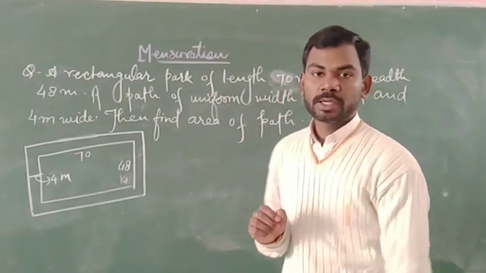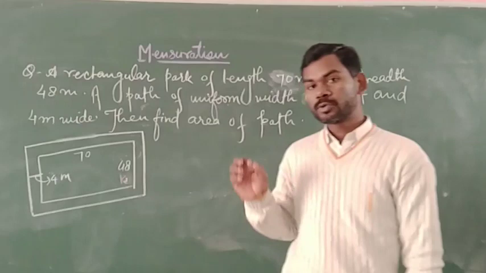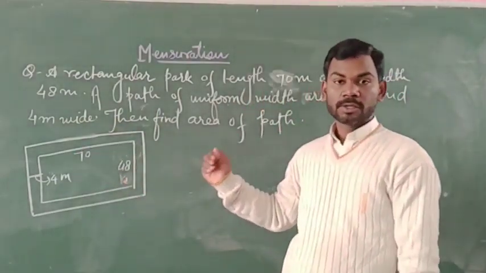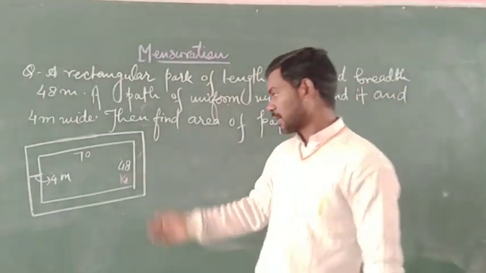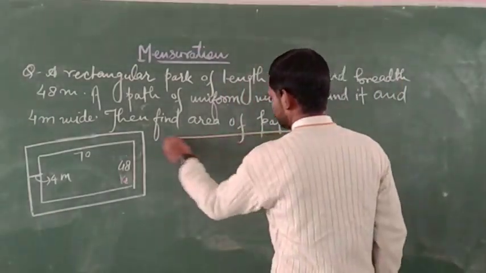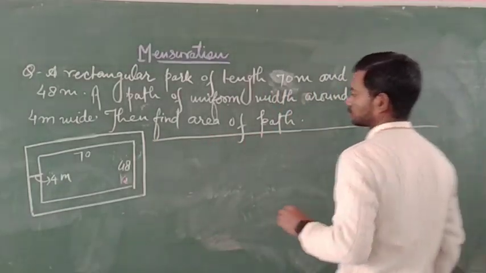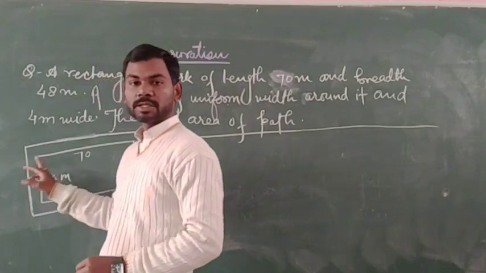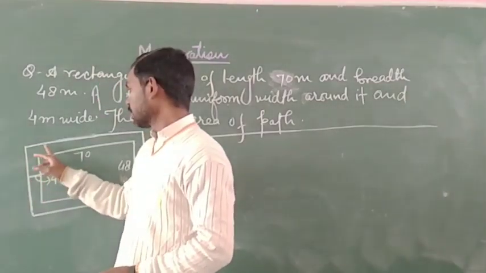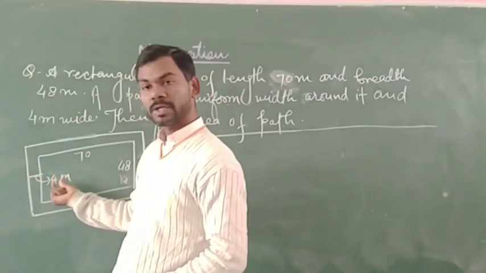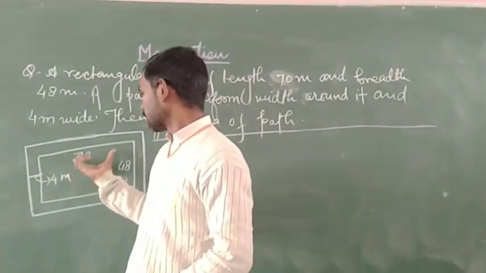In order to find the area of the path, we have to find out the dimension of the outer rectangle. Here, as we know that the width of the path is 4 meter, therefore the length will be 2 times the width of the path plus the length.